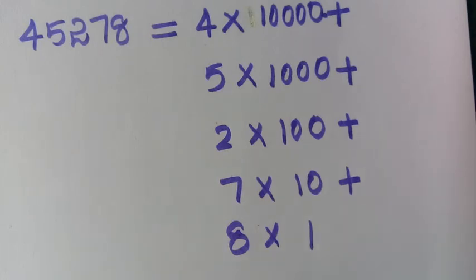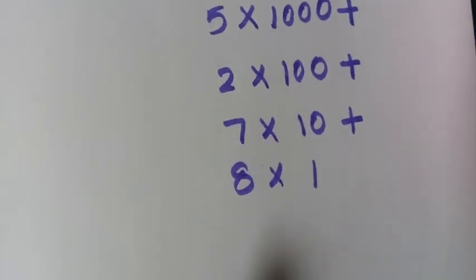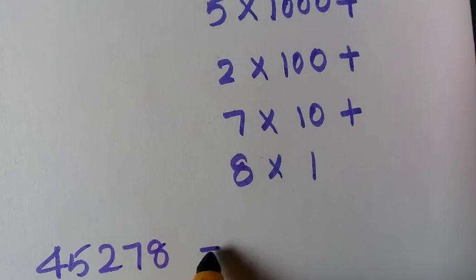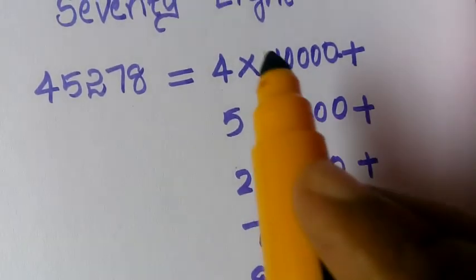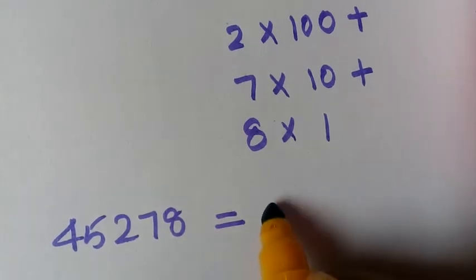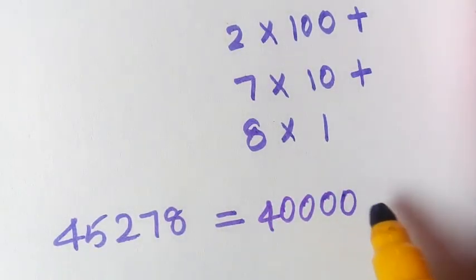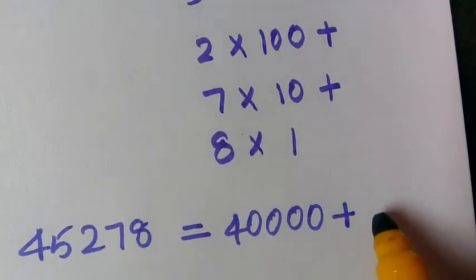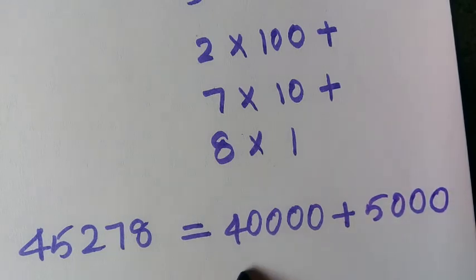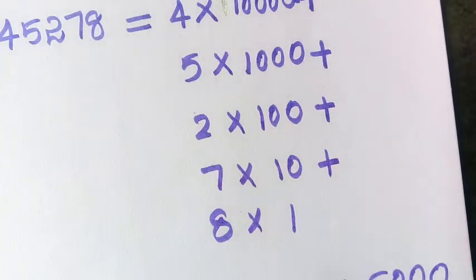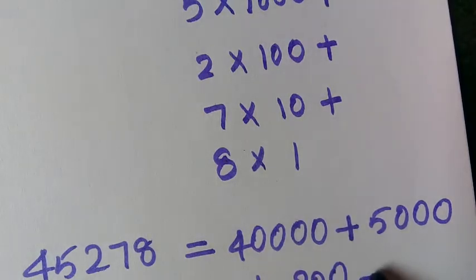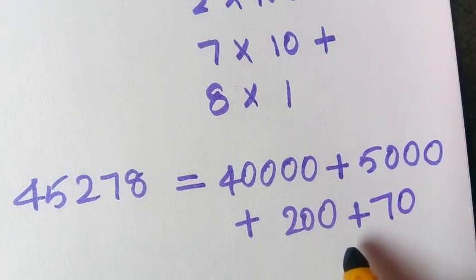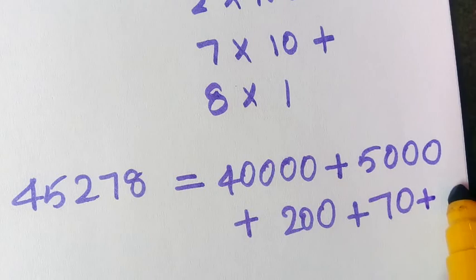Okay. Now we need to multiply and we need to write the final answer. That is the expanded form of 45,278. 45,278 is equal to, what is 4 into 10,000? 40,000. Then plus 5 into 1,000? 5,000 plus 2 into 100, 200 plus 7 into 10, 70 plus 8 into 1, 8.